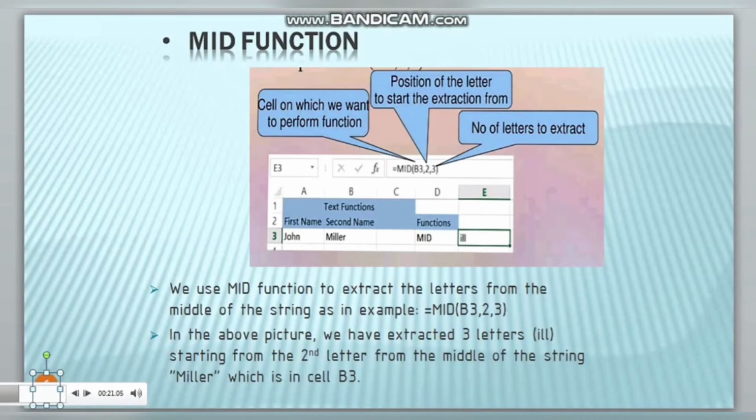So select the text, comma, select the start number, that means do you want to start with the first, second, third, etc. character from the text, and then select the number of characters to be extracted from the text, close the bracket and press enter. In the above picture, we have extracted 3 letters, those are ILL, starting from the second letter, from the middle of the string Miller, which is in cell number B3.